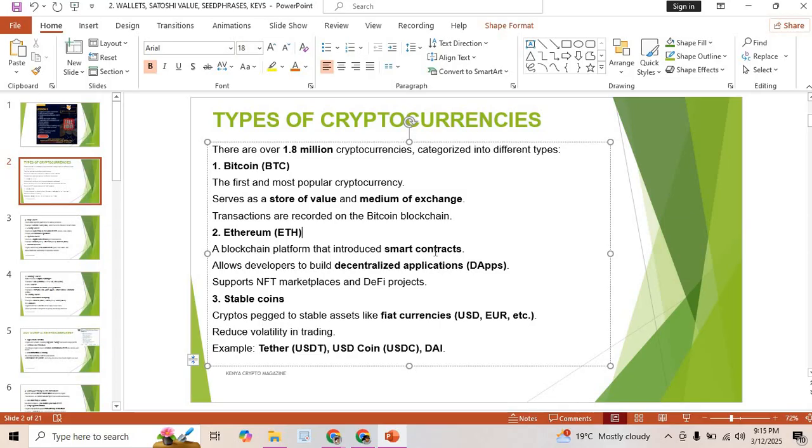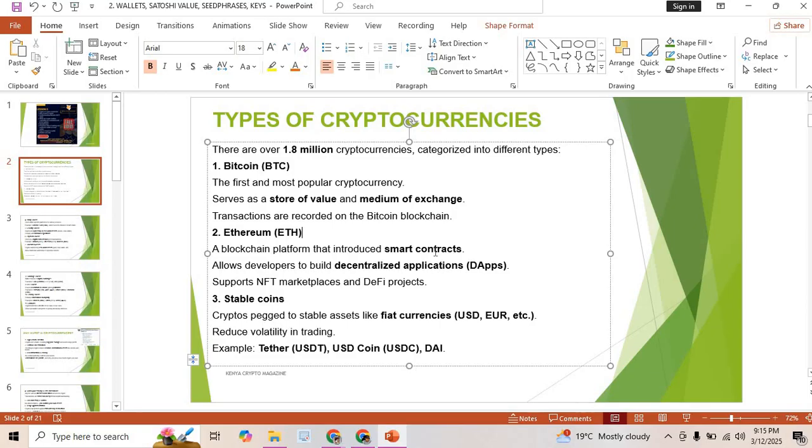Currencies governed by every country. Yes. Fiat currencies are basically currencies that are controlled by the government. So we have USD, Euro, Kenyan shillings, Tanzanian shillings, whatever they call their money, dirhams, all those are fiat currencies. So a stable coin is a crypto that is pegged to a stable asset like a fiat currency.